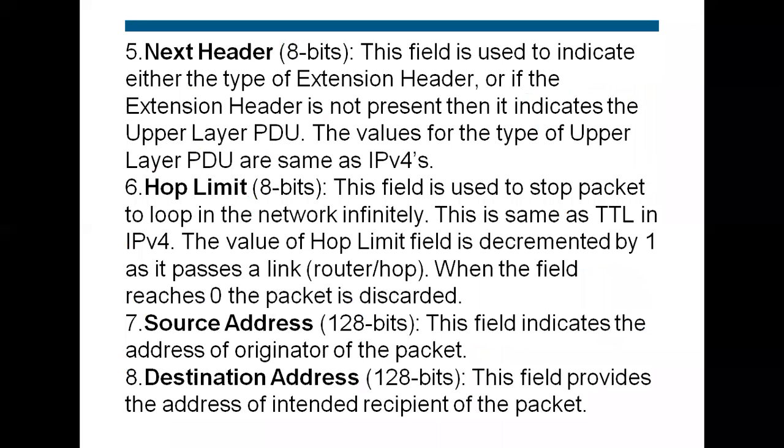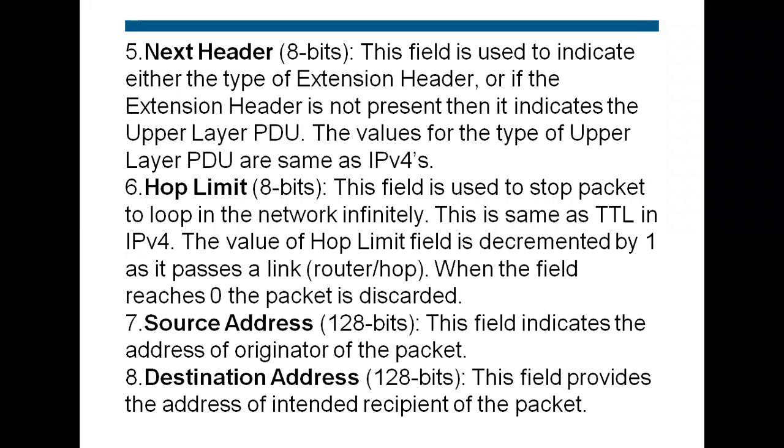OK, next header. The next header field is used to indicate either the type of extension header, or if the extension header is not present, then it indicates the upper layer PDU. The values for the type of upper layer PDU are the same as IPv4. Which types do we basically use for the upper layer? TCP protocol, UDP protocol.